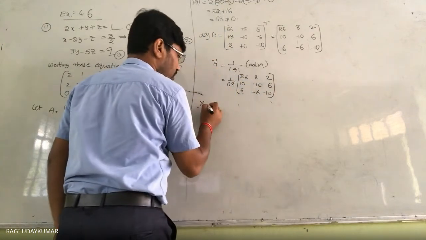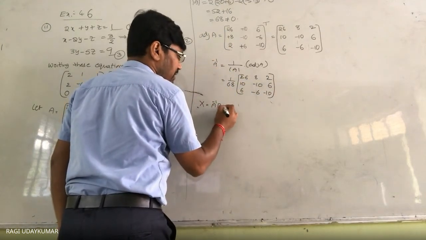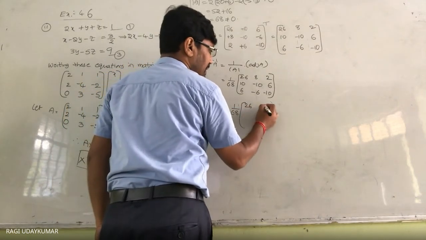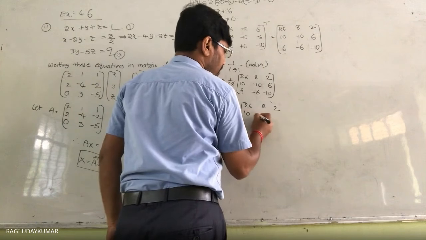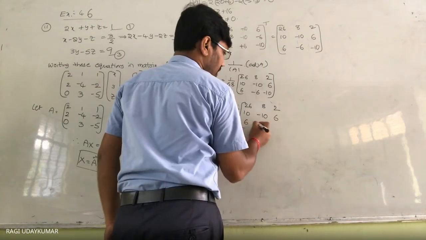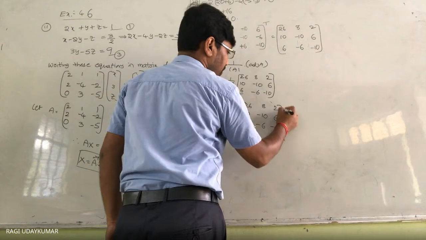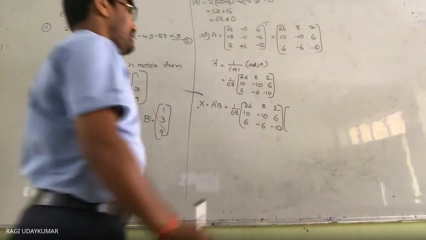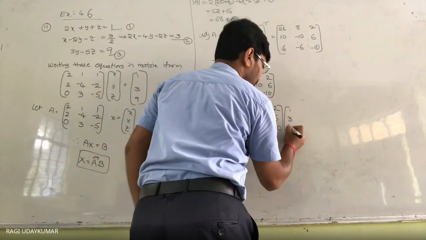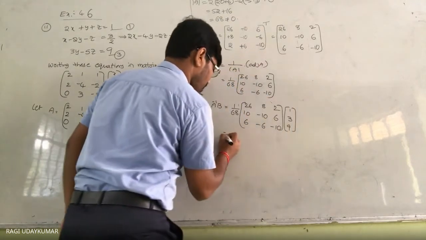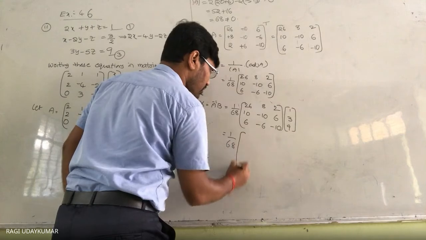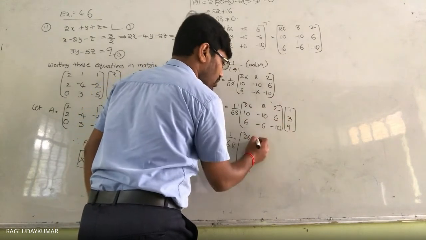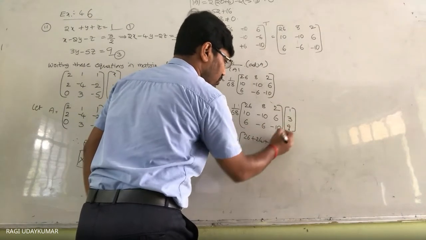Now X is equal to A inverse into B. So A inverse is 1 by 68 into 26, 8, 2, 10, minus 10, 6, 6, minus 6, minus 10. B, what you get here? 139. 1 by 68 into 26 ones are 26 plus 8 threes are 24 plus 9 twos are 18.